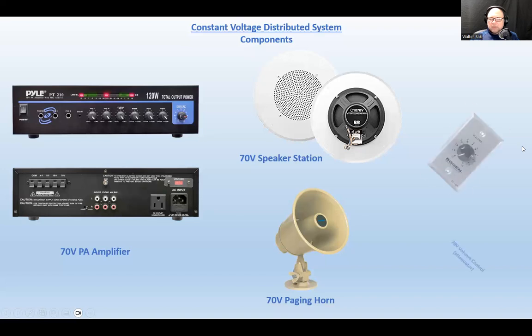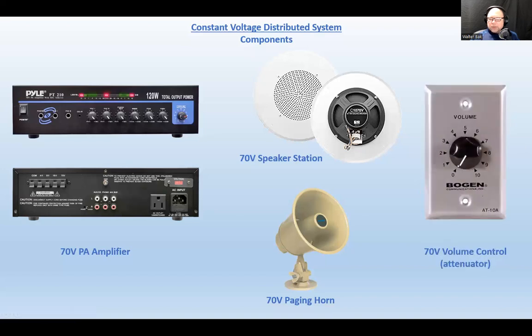And we already covered that. Also, what we have is a specific type of volume control. And this is not just a regular potentiometer or variable resistor. On the other side of this, there is a transformer with different taps. So this doesn't have a smooth action. It goes click, click, click, click, just selecting different transformer taps.